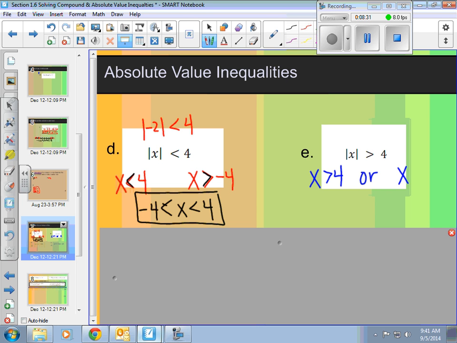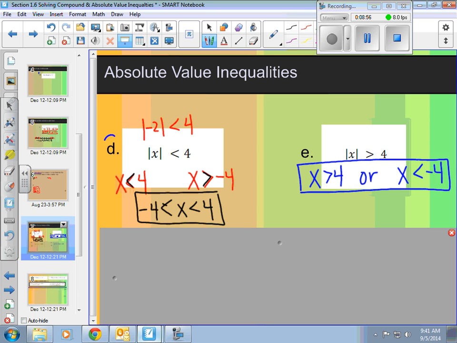Well, the absolute value of negative 5 is 5, so that's greater than 4. So I want my x values to be less than negative 4. So I could have either option. This one's going to be an or statement because x can be greater than 4 or x can be less than negative 4. So here is my solution.